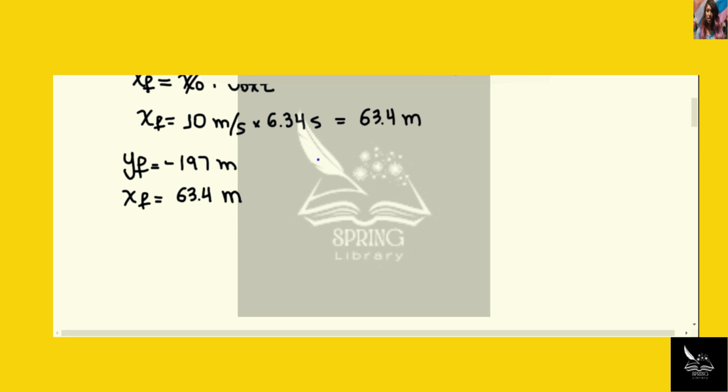I'm just going to draw again the rat's and the hawk's trajectory. This is the rat's trajectory. For the height, we have 197 meters, and for the horizontal distance, it's 63.4. The hawk's trajectory, on the other hand, is a straight line, and then it dives. We are only interested in the diving. The hawk travels for 2 seconds before starting to dive, so this horizontal line is 2 seconds of flight.